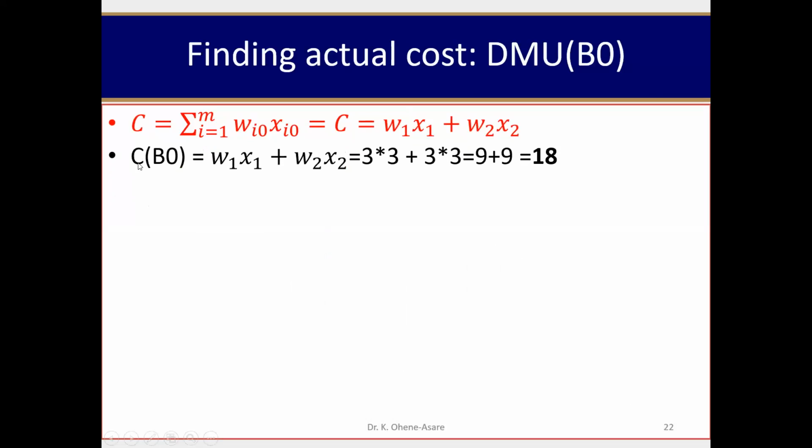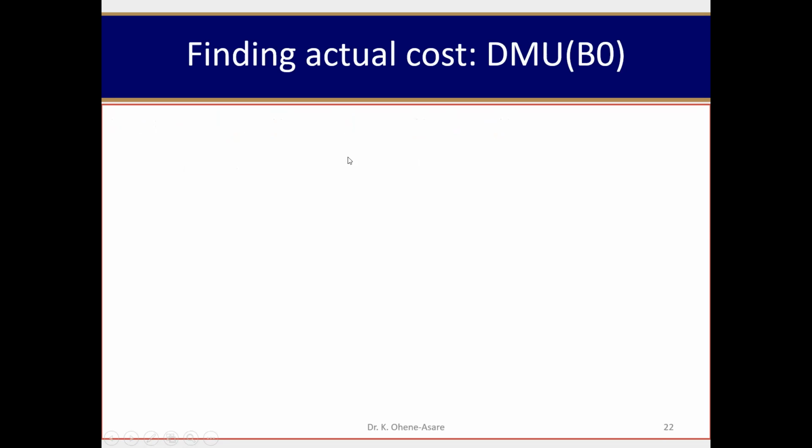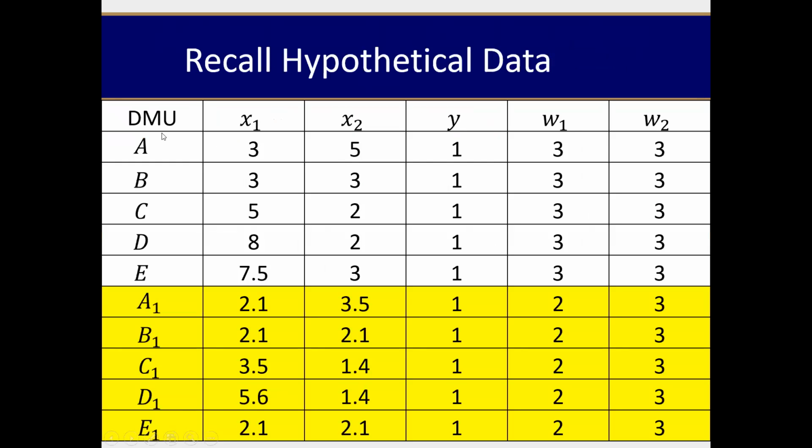For the total cost C for DMU B, it is going to be the W1 for DMU B times its input 1, and then the price of input 2 times the input 2 itself. Now, if you go to the data set here, if you look at B, the prices are 3 and 3. So for all of them, the prices are 3 and 3.